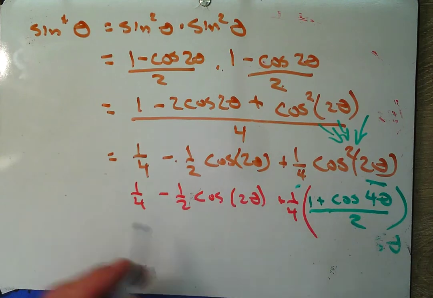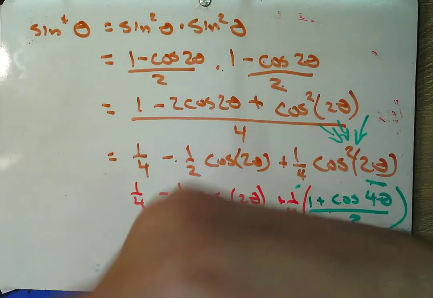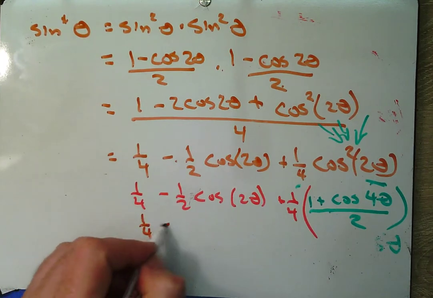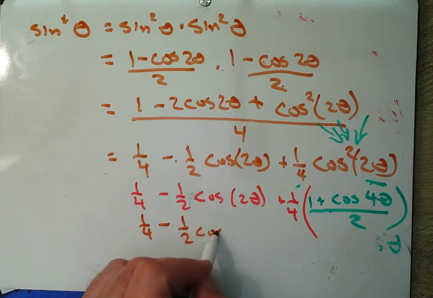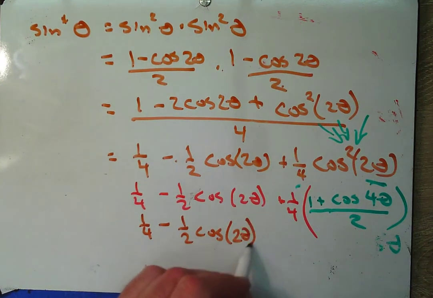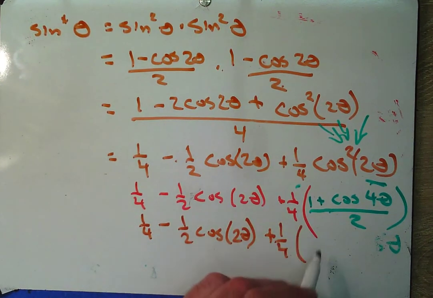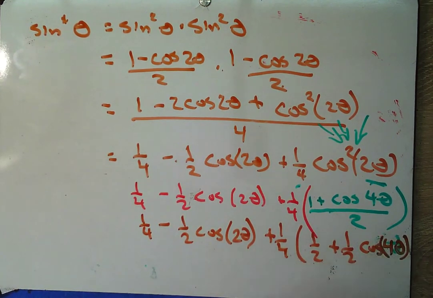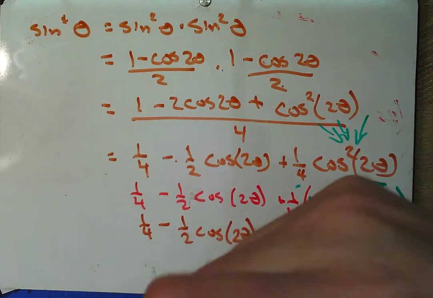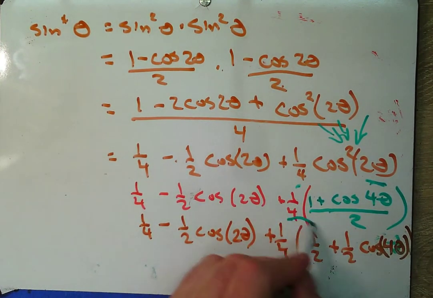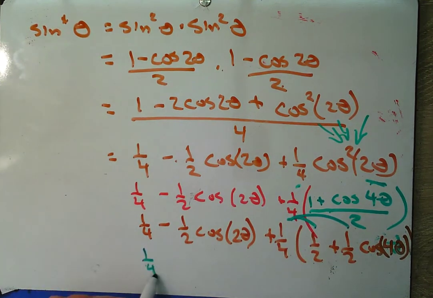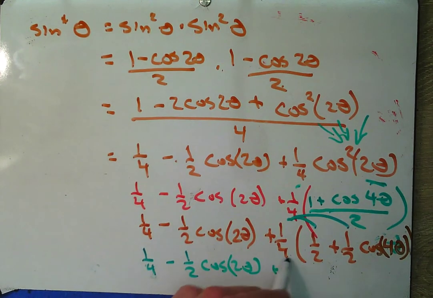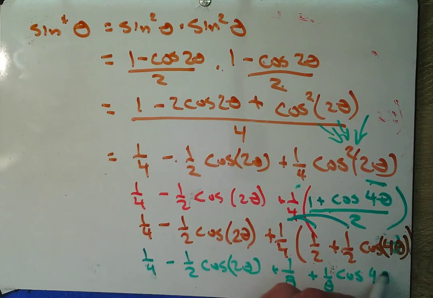I'm going to break this up into two pieces. 1/4 minus 1/2 cosine 2 theta plus 1/4 times 1/2 plus 1/2 cosine 4 theta. And then I'm going to distribute the 1/4 that's out in front to each of these things. And so I'll have 1/4 minus 1/2 cosine 2 theta plus 1/8 plus 1/8 cosine 4 theta.